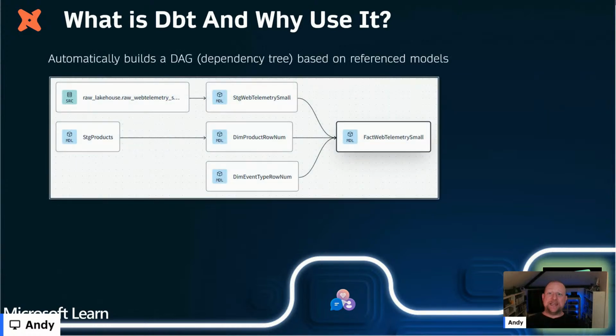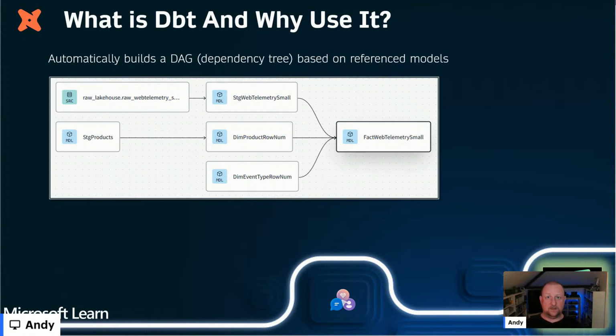But what DBT does is it's building a dependency. So there are keywords, and we'll look at those keywords when we dive into the demo, in which we can tell DBT how we're linking things together. So, for example, I've got a fact table. That fact table actually relies on getting the data from the stage web telemetry data. So I have a dependency to get the data from there, but I've also got a dependency on two dimension tables.